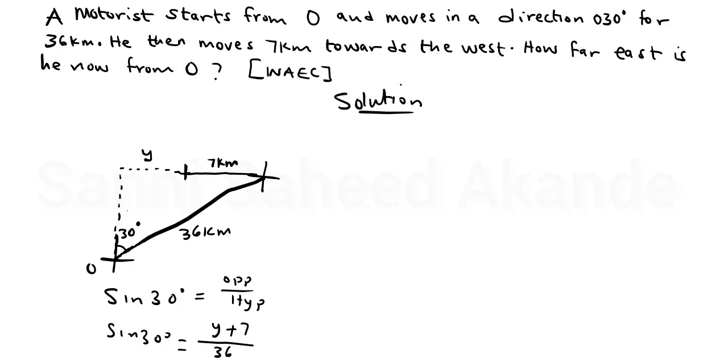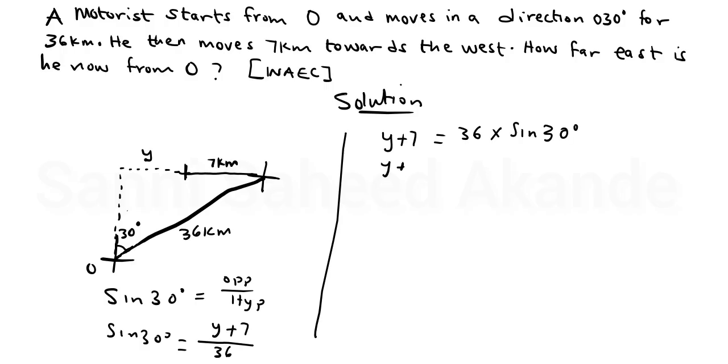So when you cross multiply, you will get y plus 7 is equal to 36 multiplied by sine 30 degrees. All right, so y plus 7 is equal to 36 times sine 30. In the special angles we did earlier on, sine 30 is 0.5, or you write 1/2.